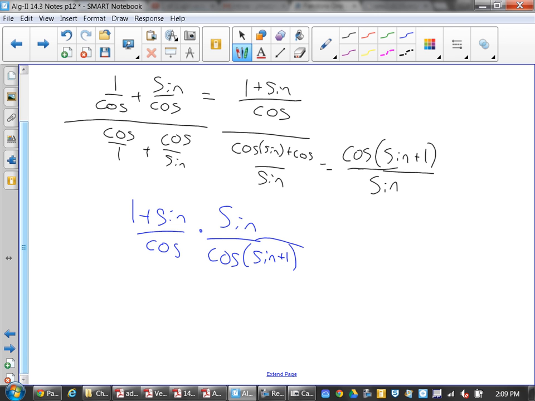Is sine plus 1 the same as 1 plus sine? Yes. Good, so they simplify out, and you wind up with sine over cosine squared. 1 over cosine squared is secant squared in the numerator.